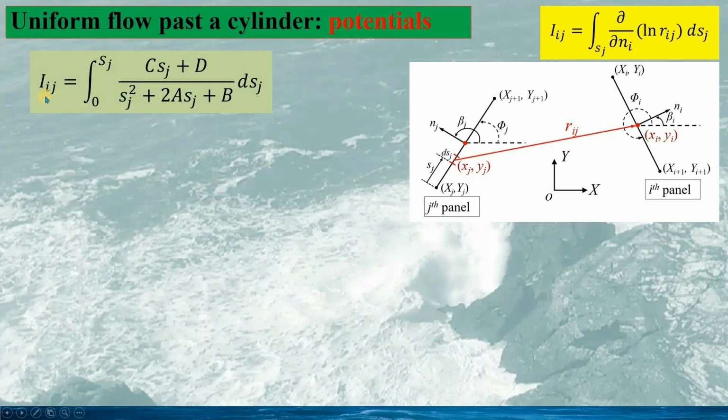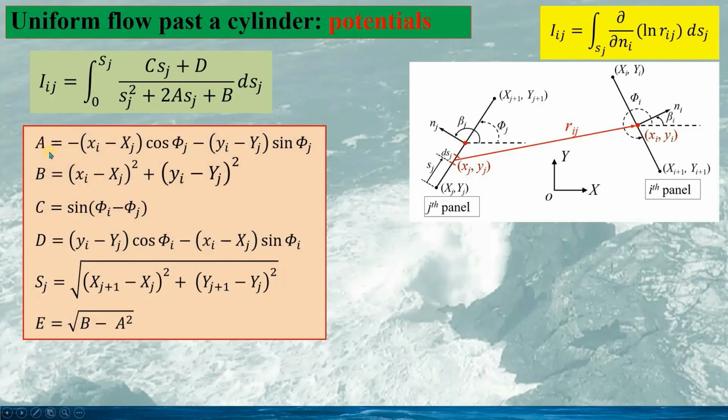And we can write the integral expression for capital Ij as this, and the coefficient A is defined as this, B given as this, and C is defined as this, D as this. Sj is the length of the source panel from capital Xj, capital Yj to capital Xj plus 1, capital Yj plus 1. So this is the distance for J's panel, and we have the expression for E given as the square root of b minus a squared.